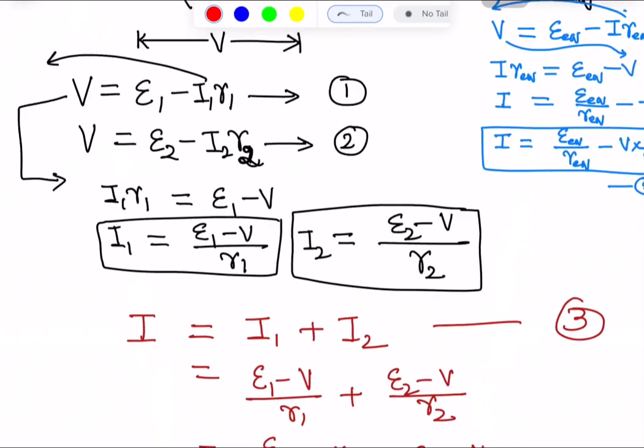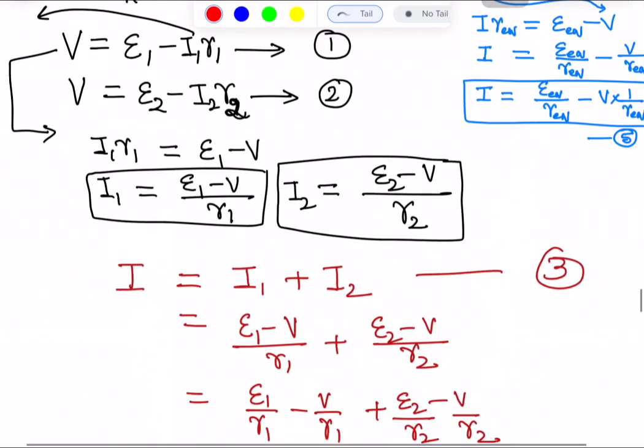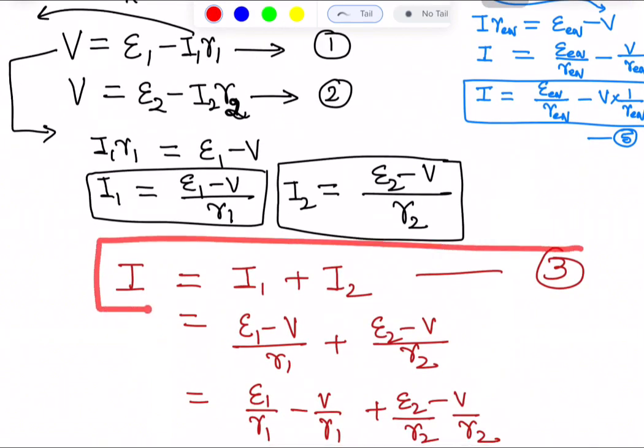The total current in the circuit is given by I is equal to I1 plus I2.